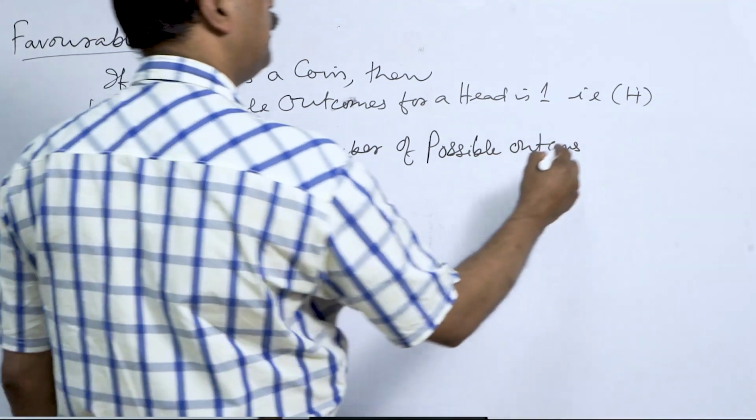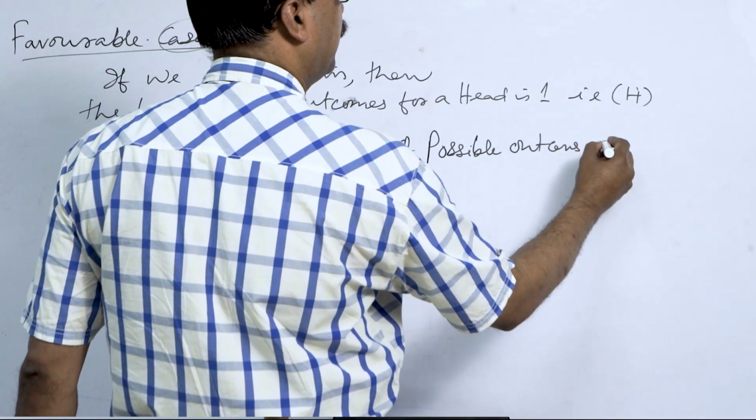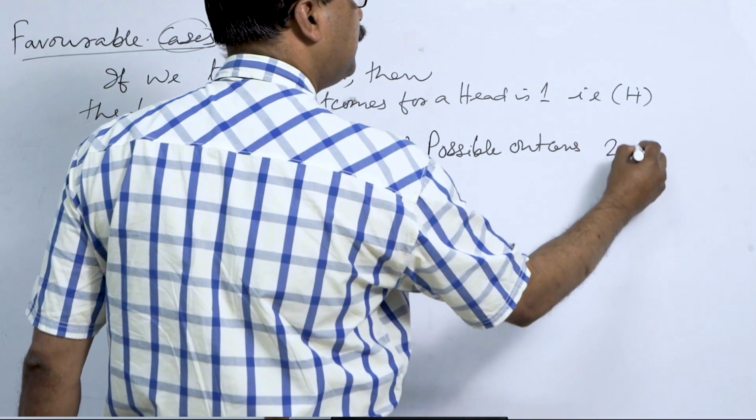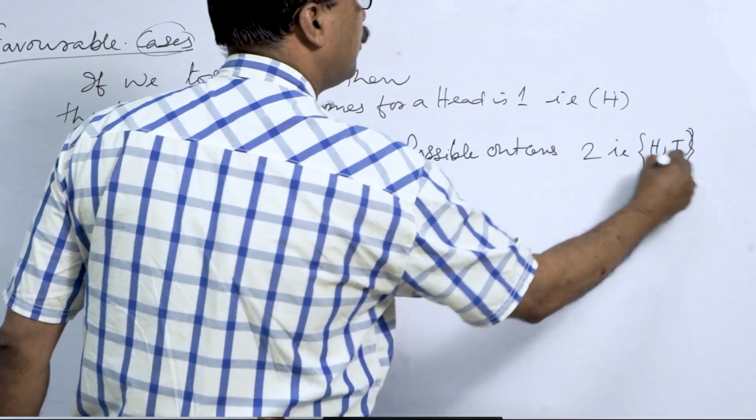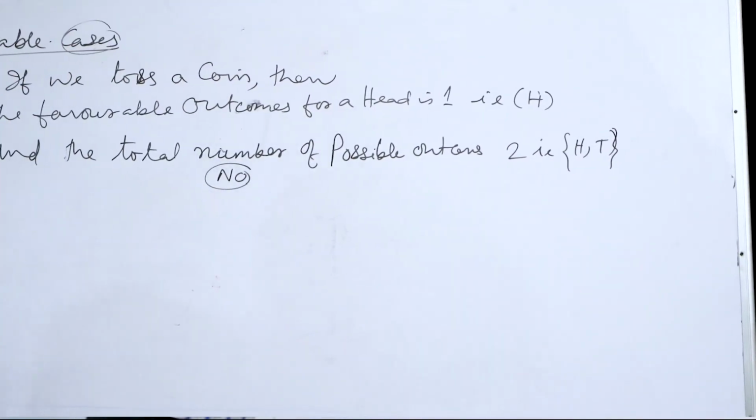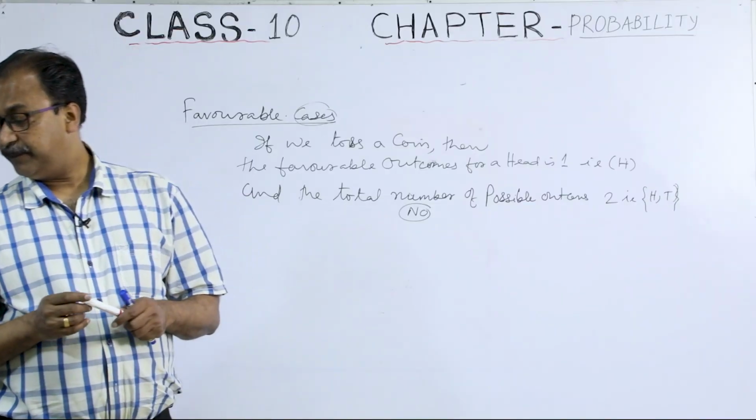Tell me. That will be 2, that is H comma T, because we toss one coin. We already saw the sample space. This is nothing but the sample space, isn't it?